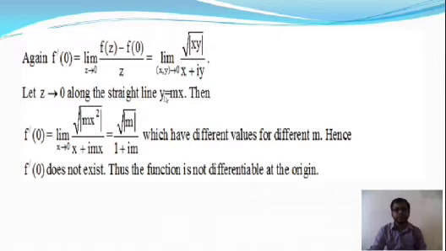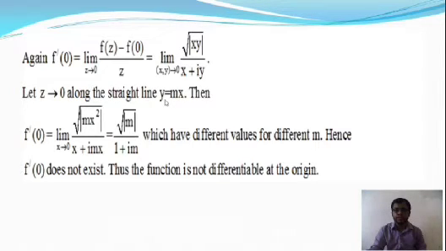Okay, so the straight line is y equals mx. This is actually an arbitrary straight line. If we put m equal to 1, we get y equals x, a straight line which also passes through the point (0, 0). If we take y equals 2x, that is m equal to 2, we get one more straight line, different from the previous one, which also passes through the point (0, 0), that is, the origin.